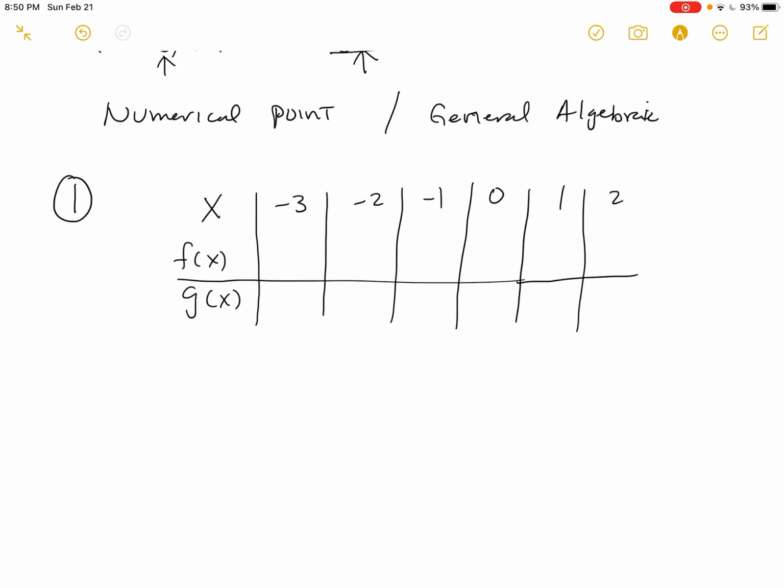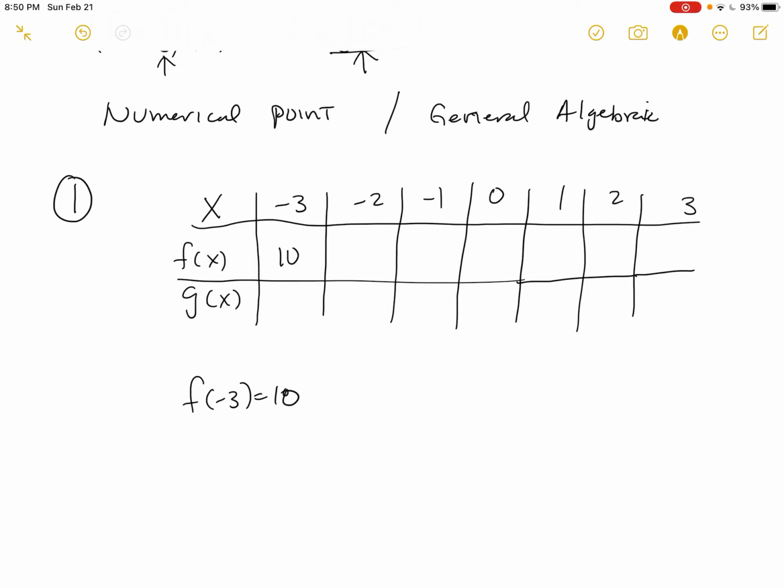I got this straight from the homework, and I like this little problem just for its illustrations. Then they're going to have a number here, 10. What this means is f of negative 3 is equal to 10. That's what that 10 means: if x is negative 3, its f value is 10.